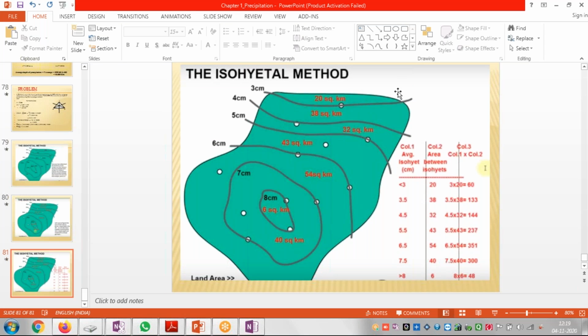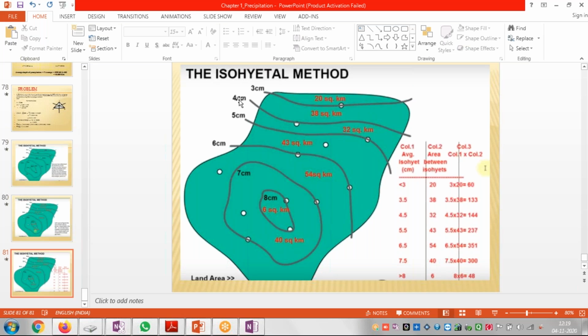Less than 3 means I can take the average of 2.5 plus 3 divided by 2, so I get the value 2.75, right? Here you can see that it is less than 3. That is the average isohyetal, meaning before 3 there is something less than 3.